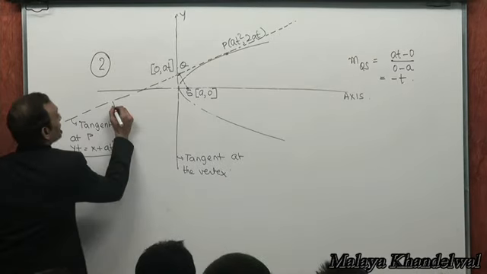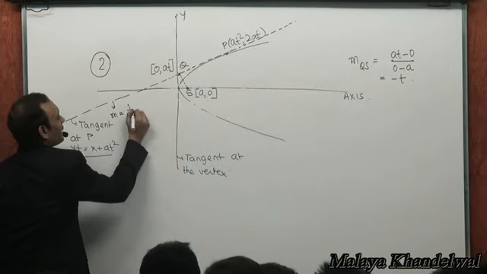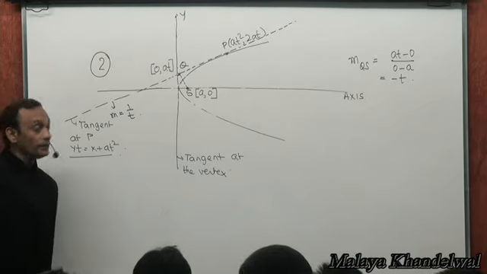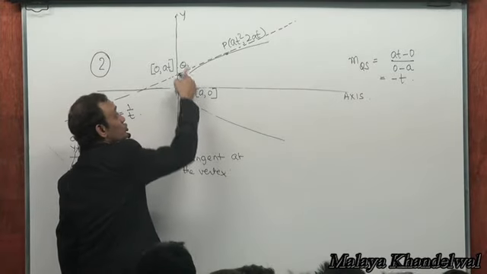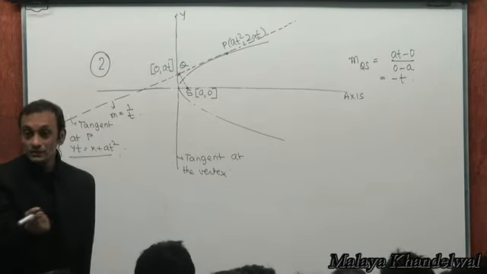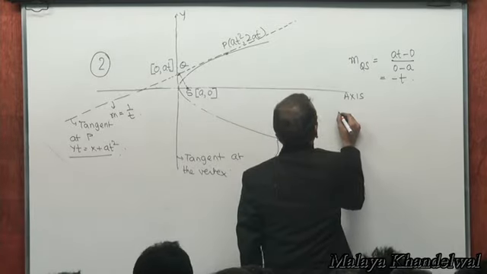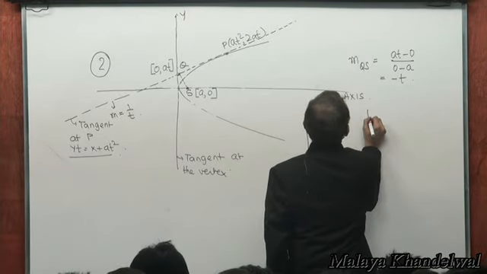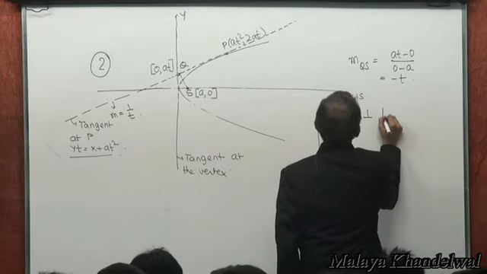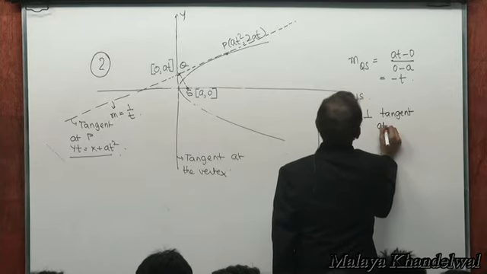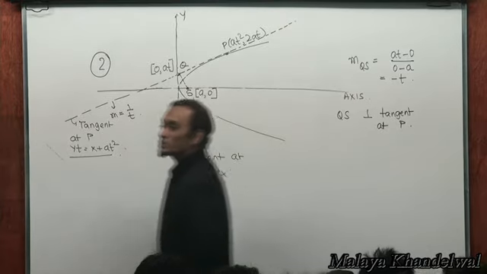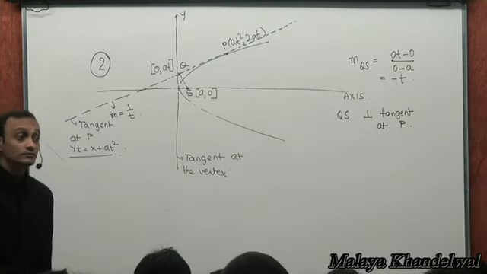What's the slope of the tangent? The slope of the tangent at t is 1 by t, which means the product of the slope of the tangent and the slope of QS is minus 1. That means QS is perpendicular to the tangent at P.